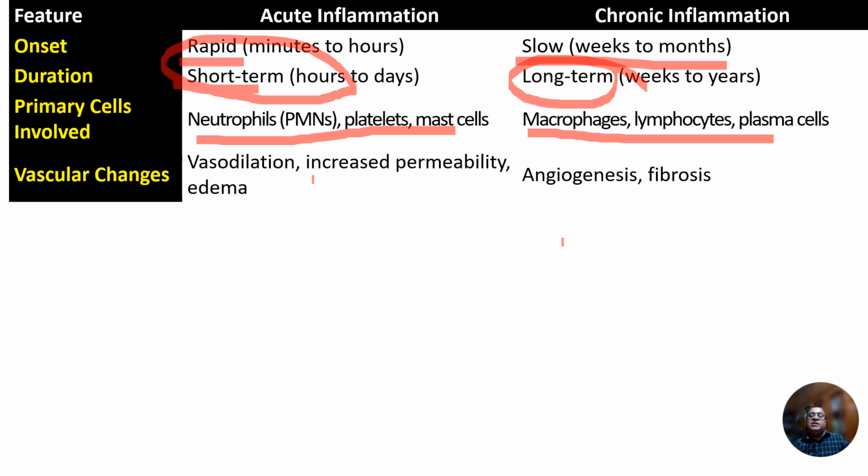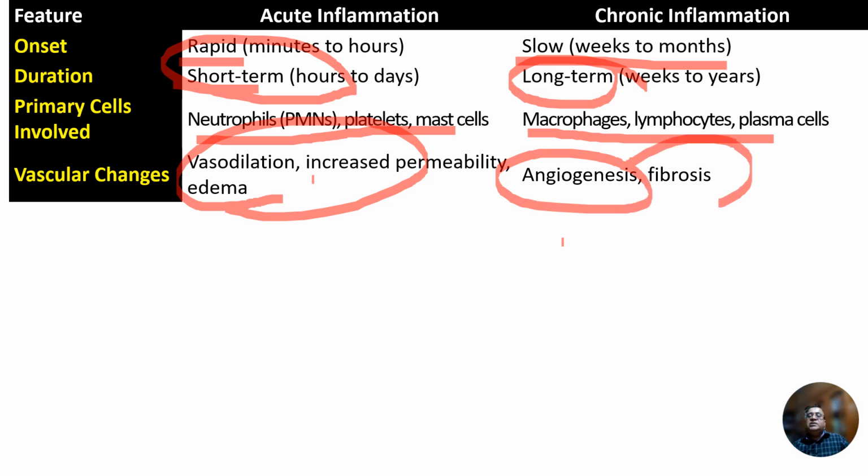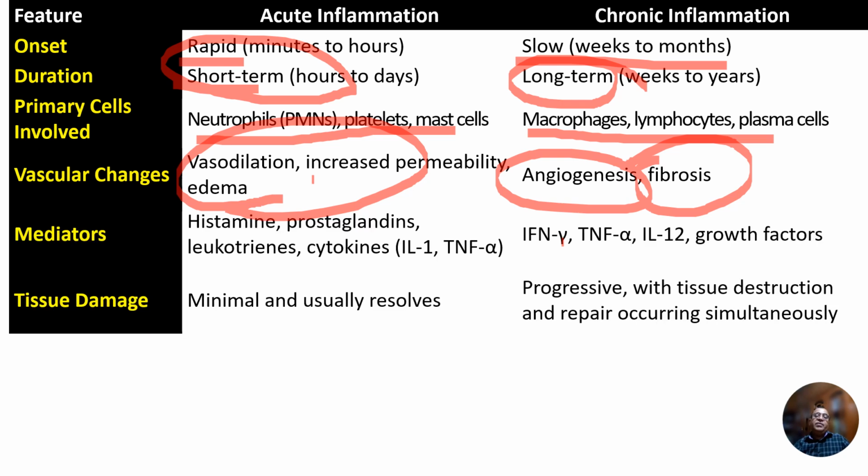The vascular changes that occur in acute inflammation are vasodilation and increased vascular permeability that results in edema, while in chronic inflammation there is development of new blood vessels, that is angiogenesis, and also activation of fibroblasts that results in fibrosis.